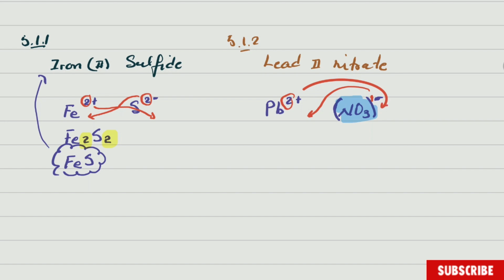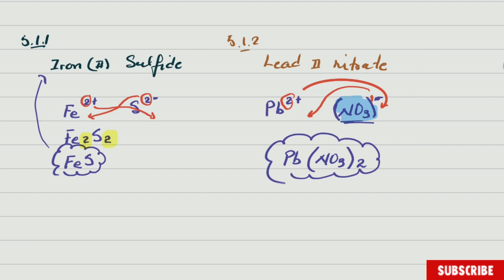All right, so the final answer here will be Pb1, because it's coming from this ion, NO3 bracket 2 from the Pb. This is the formula for lead 2 nitrate. I hope it's understood. It's not that bad.